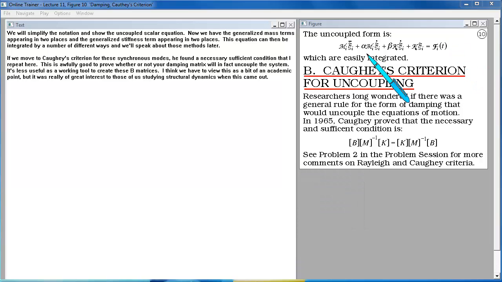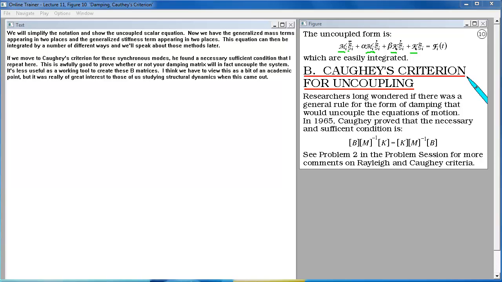Now we have the generalized mass terms appearing in two places and the generalized stiffness term appearing in two places. This equation can then be integrated by a number of different ways, and we'll speak about those methods later.